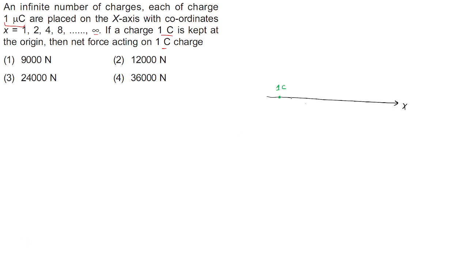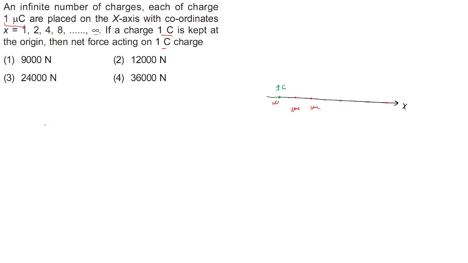Correct. So suppose this is x equal to 1, this is 2, this is 4, this is 8. In this fashion up to infinity, 1 microcoulomb charges are placed. Okay, and we have to find the net force on the 1 coulomb charge.